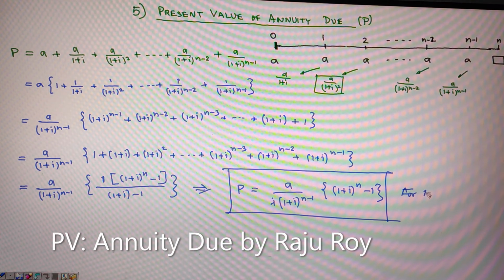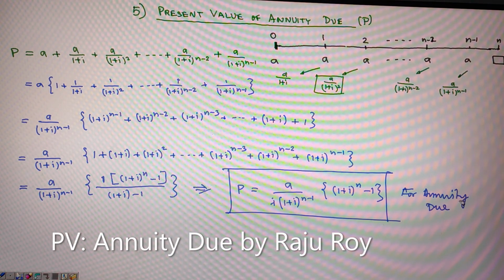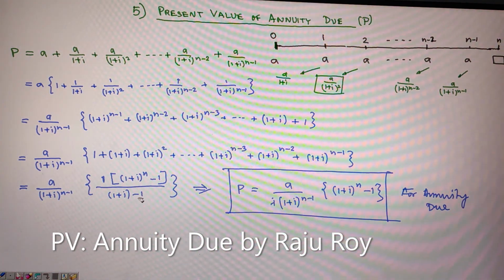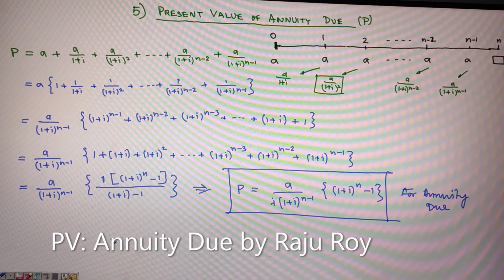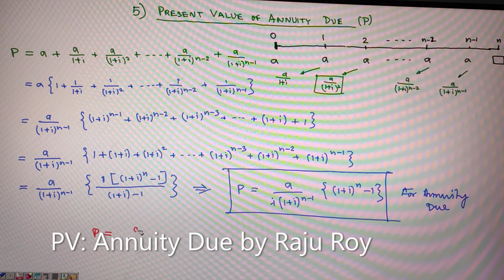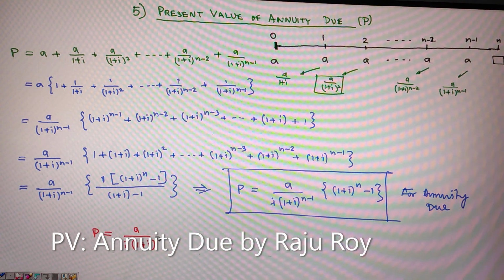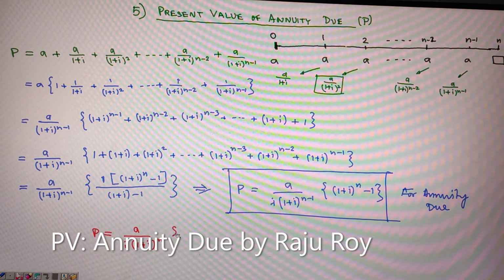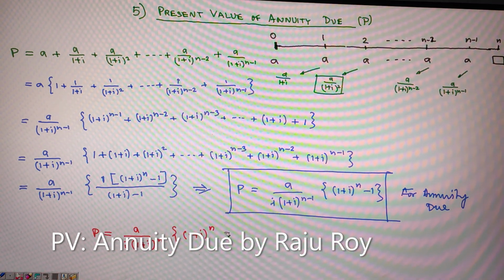Let me write down the present value of ordinary annuity, which we have already derived in lecture 4 as well. It is A by i times (1 plus i) raised to the power n, within the bracket (1 plus i) raised to the power n minus 1.